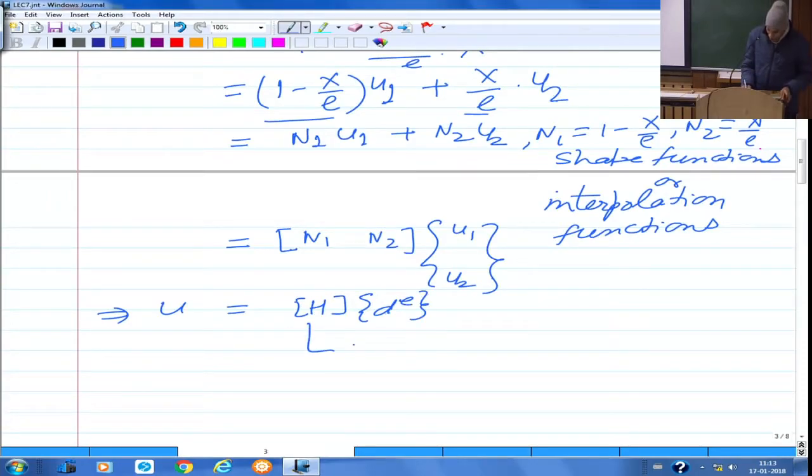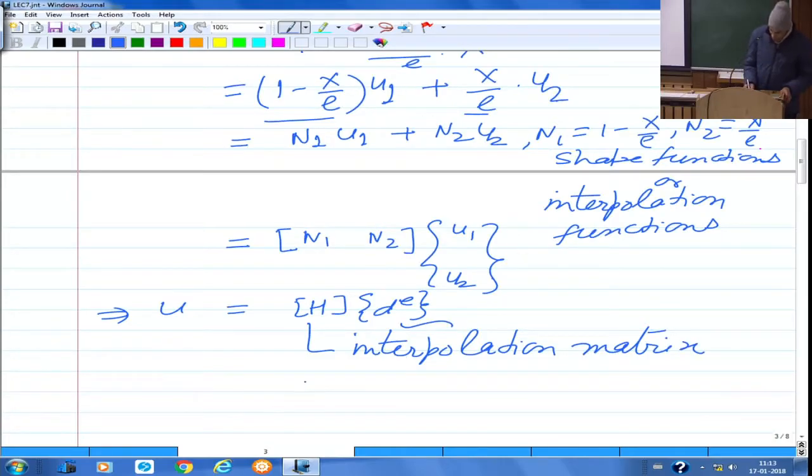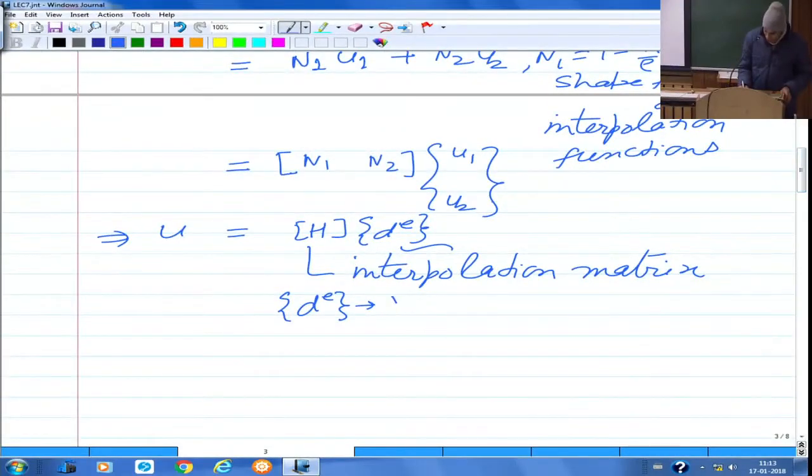So here H we call the interpolation matrix or shape function matrix, and D e is the vector of elemental degrees of freedom.